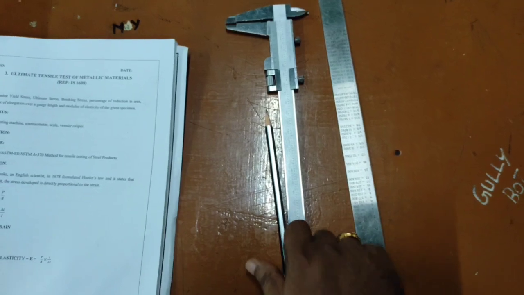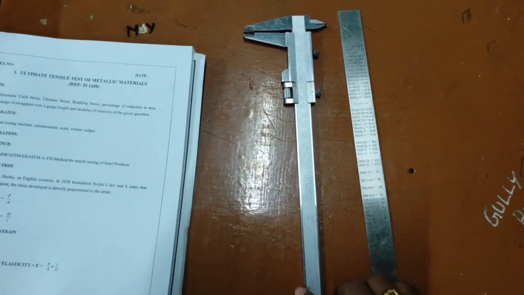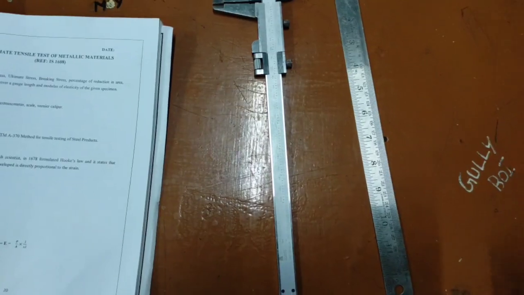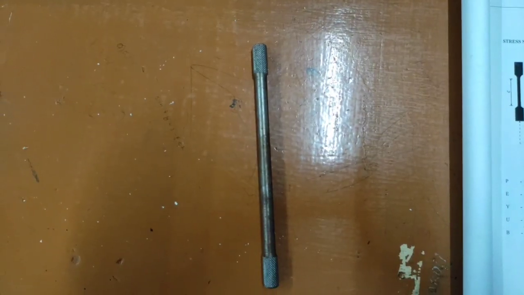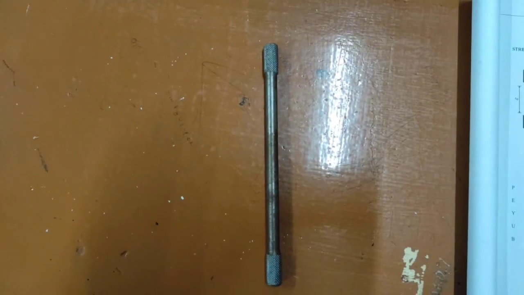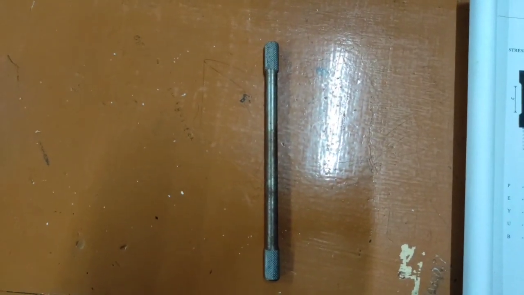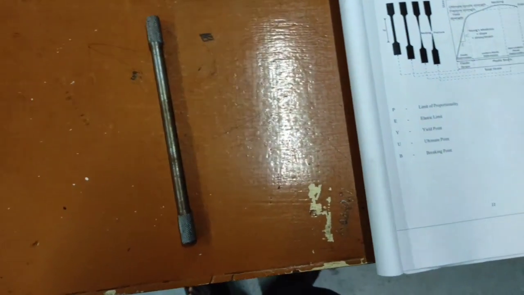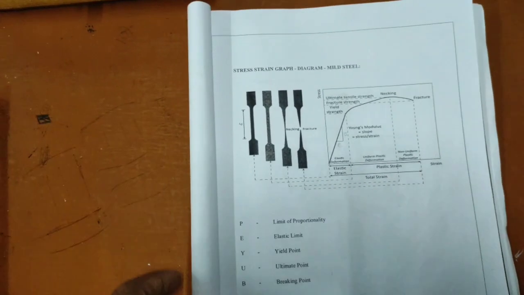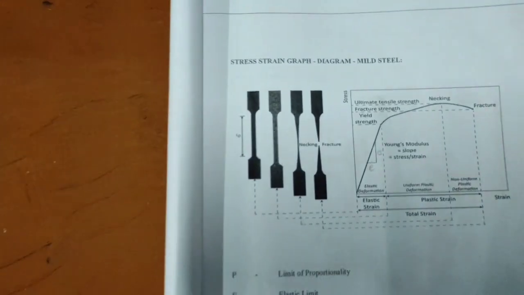Another instrument, used for measuring the diameter of the specimen, is the vernier caliper, and for measuring the length of the specimen we are using the steel rule. We are going to use this specimen having a diameter of 10.02, which is measured by using the vernier caliper. When doing the experiment you may see these variations or deformation in the specimen.